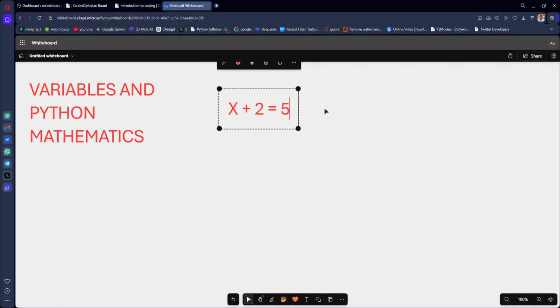We know x is 7, right? Now, in Python, we can represent this also in a kind of a variable reality, whereby we would be able to begin to see how Python could do some mathematics to solve it.